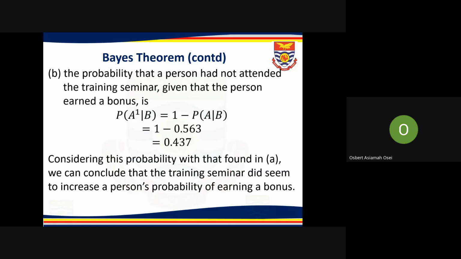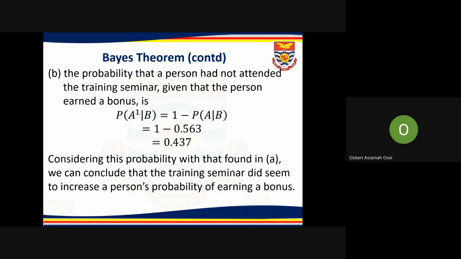We continue to find the probability that a person had not attended the training seminar, given that the person earned the bonus. Why are we finding this? Part B asks whether, based on the number of sales representatives who earned a bonus, the training was effective. We want to check the effectiveness of the training. To do that, you have to juxtapose those who earned the bonus.